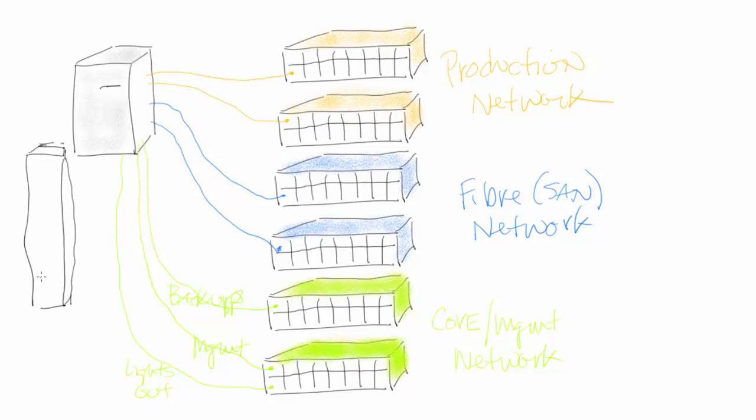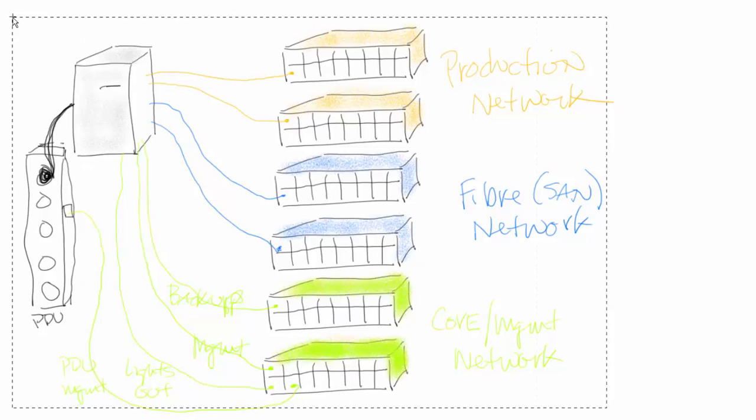A lot of environments will have PDUs that also have lights out functionality. So we have our power cords coming from the server itself into the PDU, but then we have a network port on that PDU that typically goes onto the management network as well for PDU management. All of these things add up to ports used within the environment.